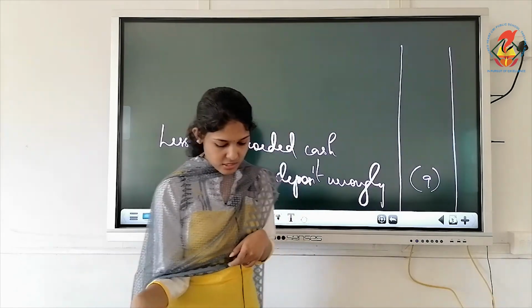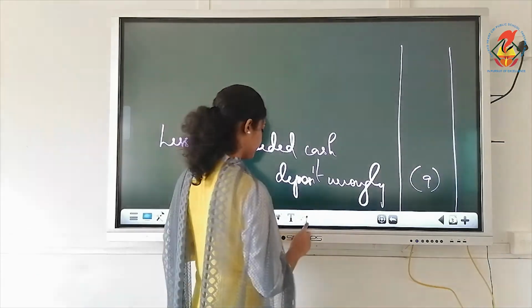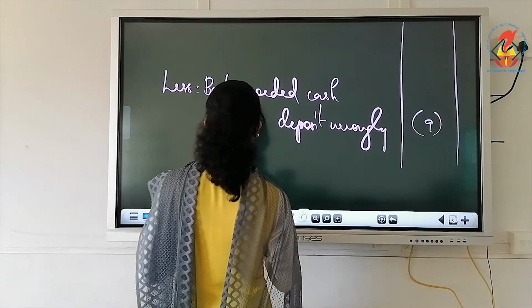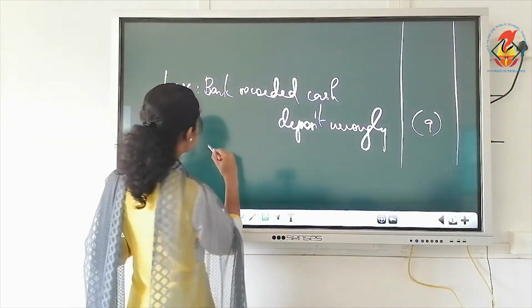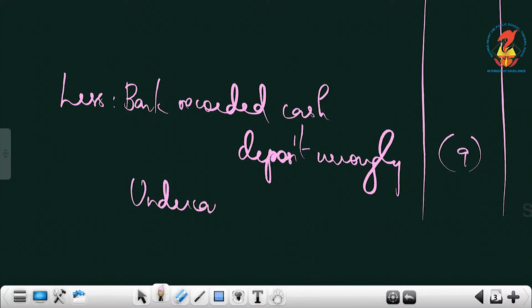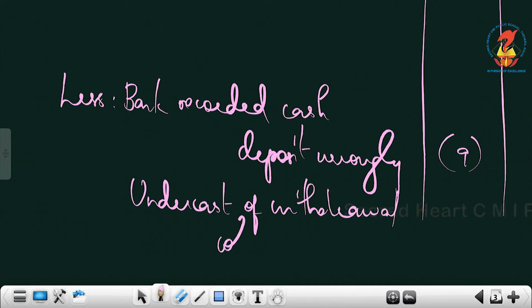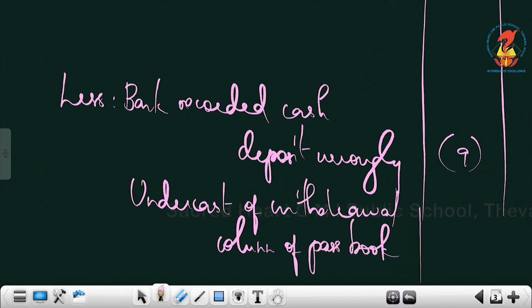Okay, so less 100. Undercast of withdrawal column of passbook. The amount is 100.